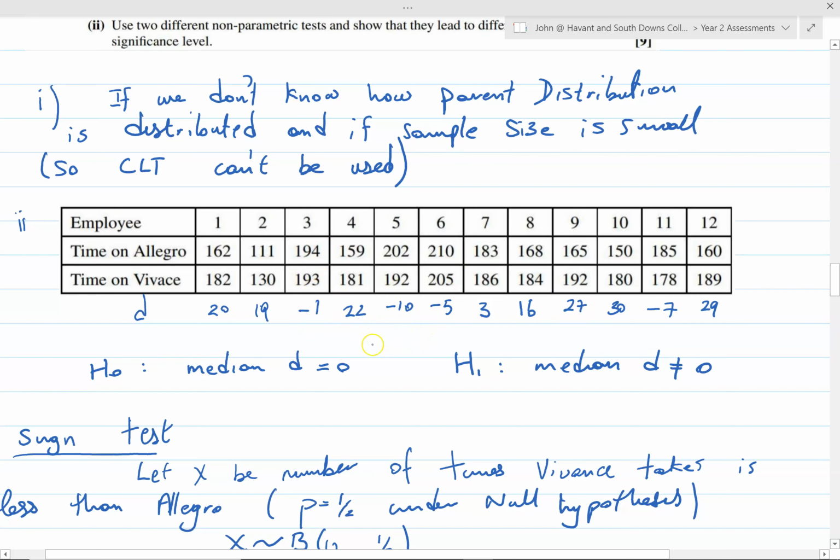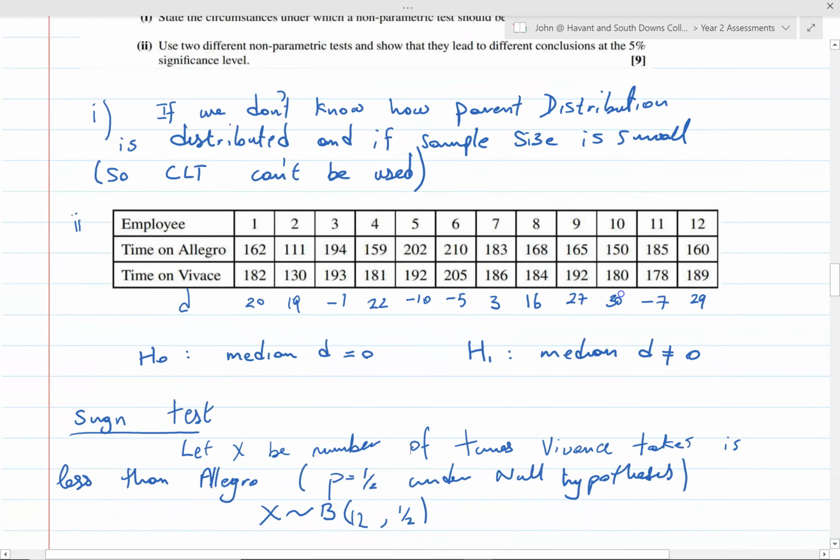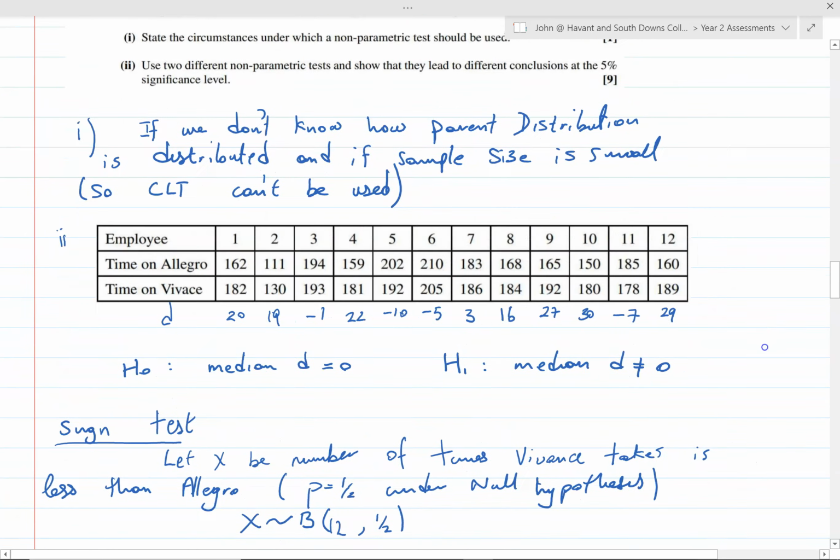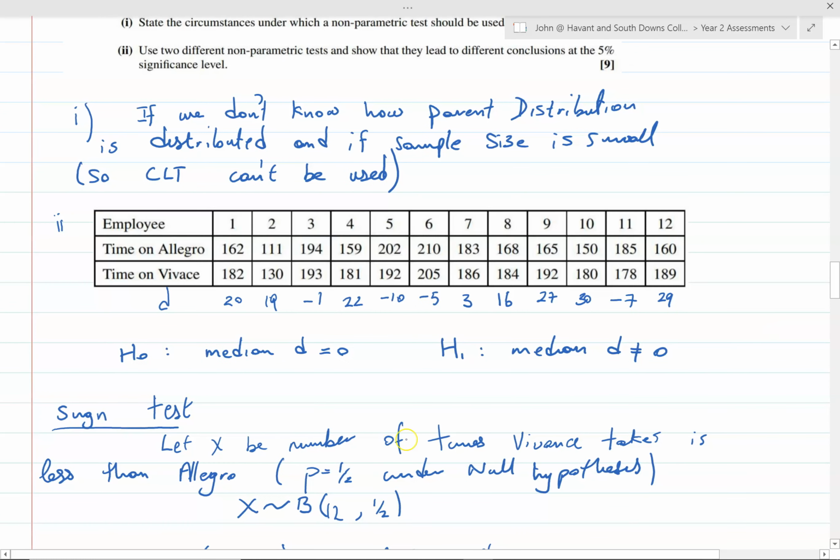The important thing here is whether the difference is positive or negative. So I've let X be the number of times Vivace takes less time than Allegro.